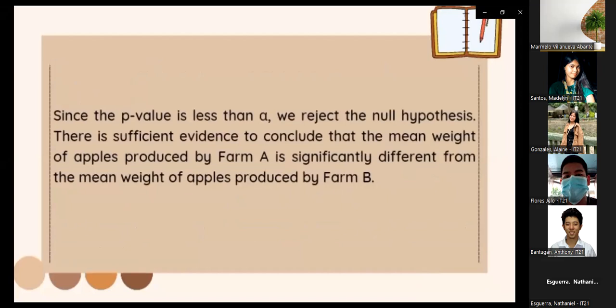Since the p-value is less than alpha, we reject the null hypothesis. There is sufficient evidence to conclude that the mean weight of the apples produced by Farm A is significantly different from the mean weight of apples produced by Farm B.